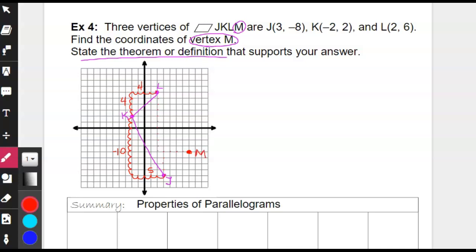This must be point M. So point M's coordinates are 7, -4. And my reasoning would be that if a quadrilateral is a parallelogram, that implies, by definition, that opposite sides are parallel.